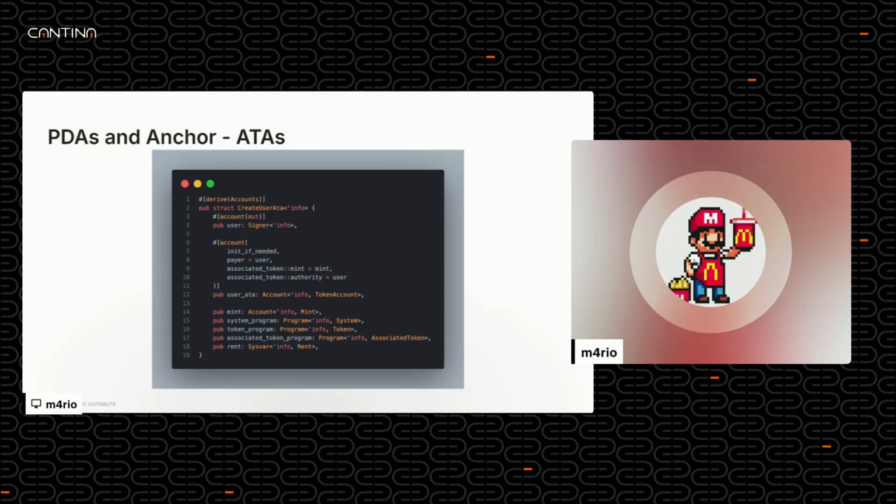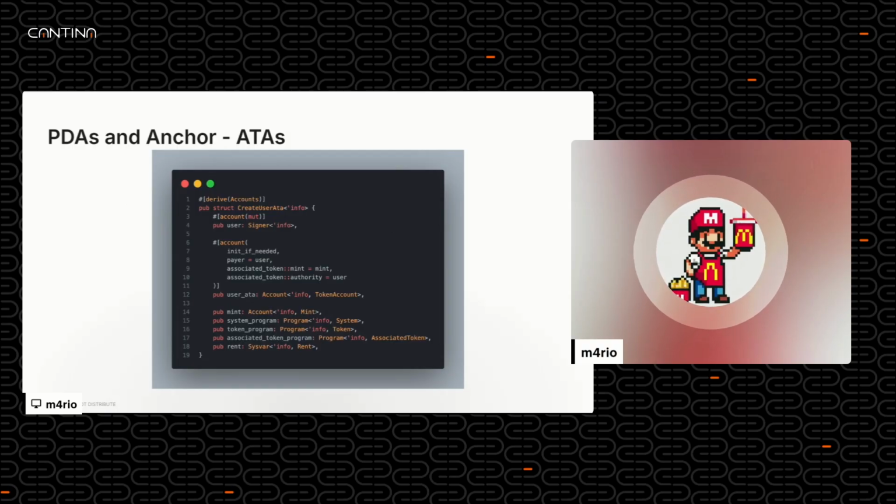And the associated token program ID, which is basically the program that creates this account. So this is the only way you can generate this user ATA, which basically means that only this program can generate this ATA. And it's a very powerful feature, being also deterministic, because we use only these seeds.